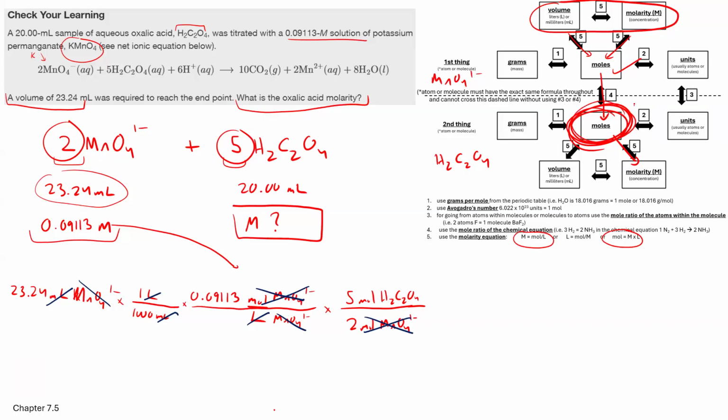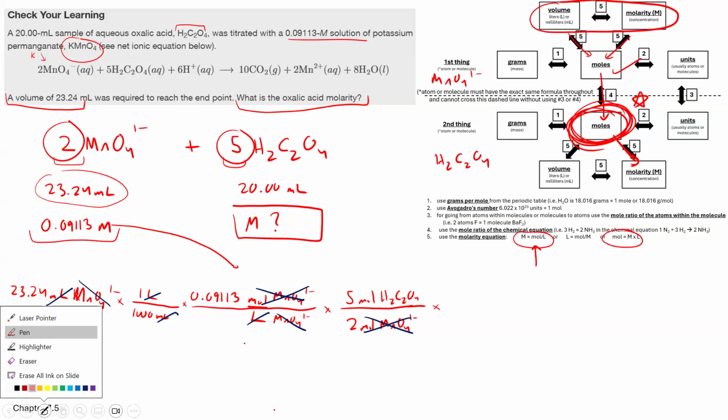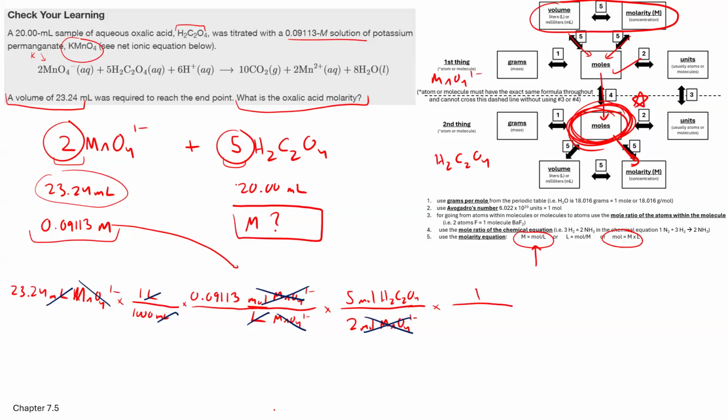Now we need to go to molarity. For that, we need to figure out the liters because we need to do moles divided by those liters. So it's going to be 1 over, let's bring this down here, 20.00 mL.